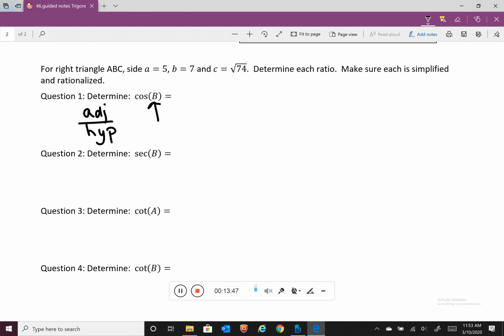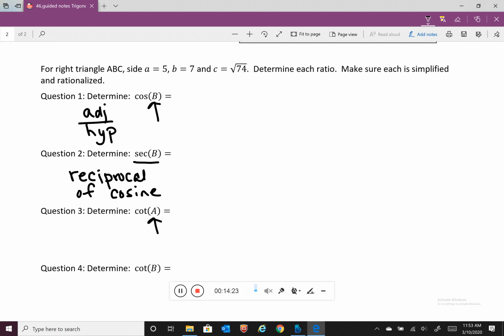Next is to determine secant of B. And remember, secant is the reciprocal of cosine. And we're still focusing on angle B. Our third question is to determine cotan of A. Notice we're looking at A. Now cotan is the reciprocal of tan.